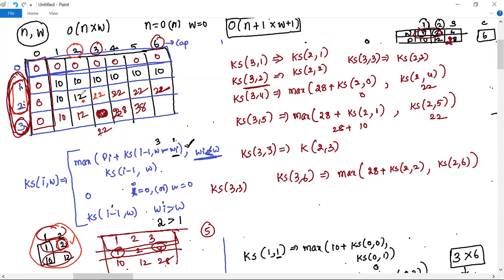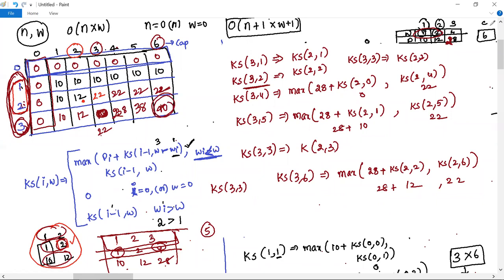What is 2, 2? 12. What is 2, 6? 2, 6 is 22. And this is 28. 28 plus 12 is 40. So this is your maximum profit.